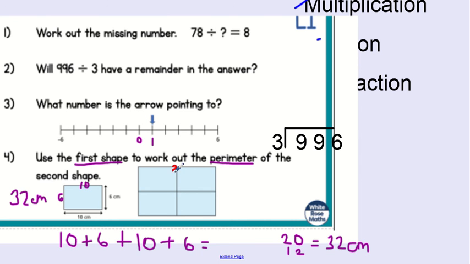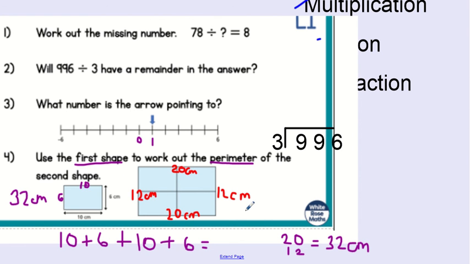So this length will be 20 centimetres. Now, let's have a look at the width. Now, I know this is 6, but it's been doubled. So this is going to be 12 centimetres. Now, I already know what these will be. They're going to be the same because a rectangle is equal lengths.